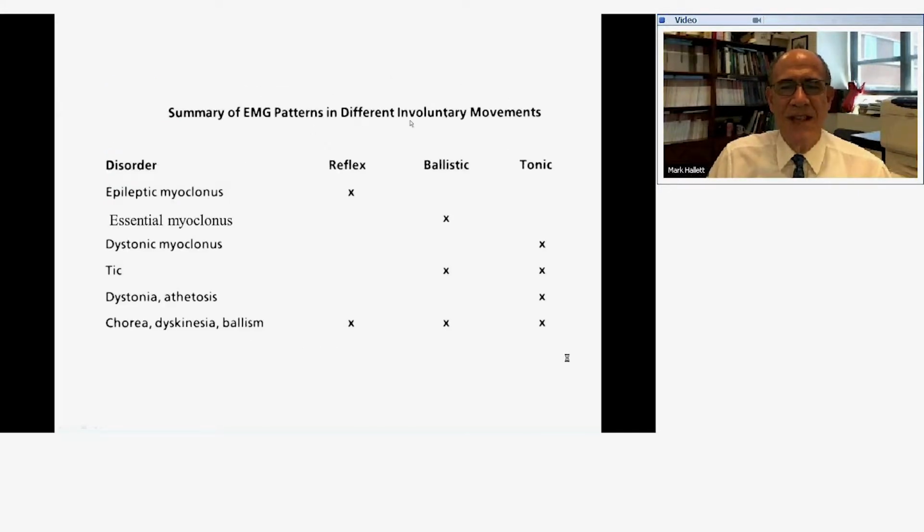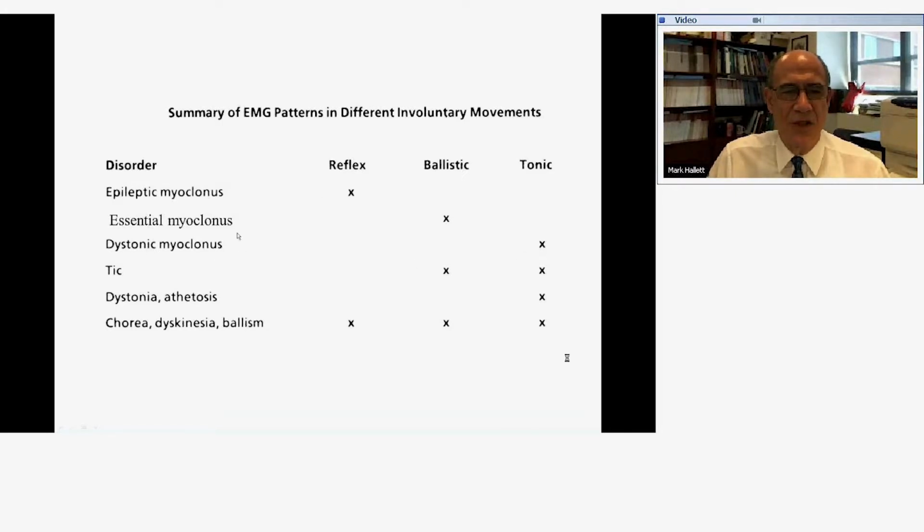So looking at different types of involuntary movements then, patients that have myoclonus of an epileptic nature, as an epileptic fragment, will have this reflex pattern. Essential myoclonus has the ballistic pattern. Dystonic myoclonus has a tonic pattern.